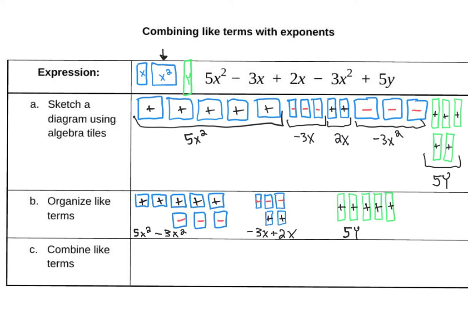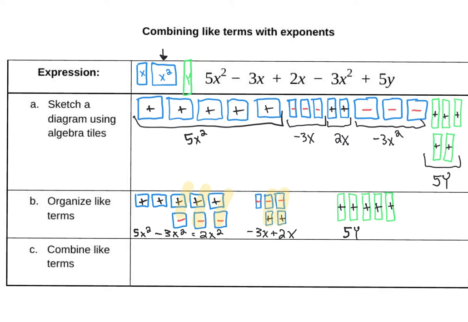All right, here's what I came up with. So 5x squared minus 3x squared. There's a 0 and a 0 and a 0. So what that ends with is 2x squareds. And then -3x plus 2x. There's a 0 and a 0.